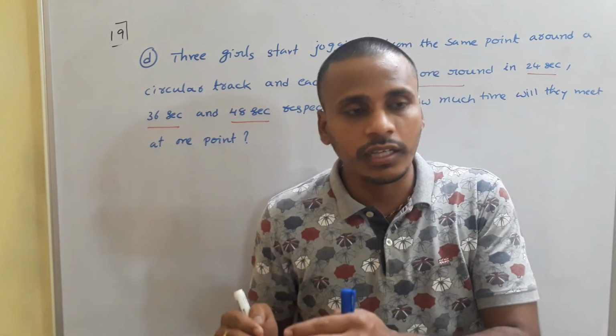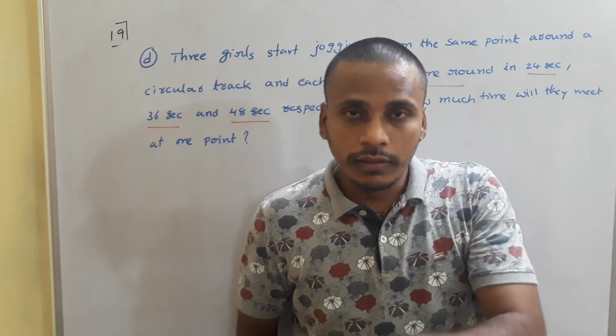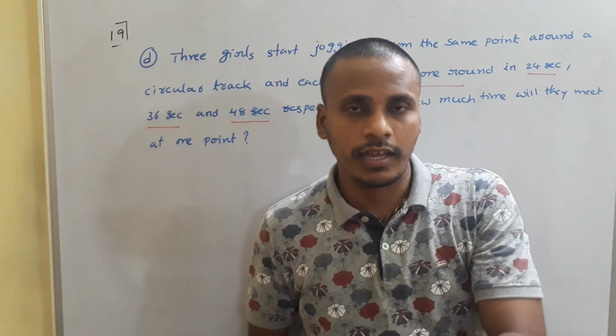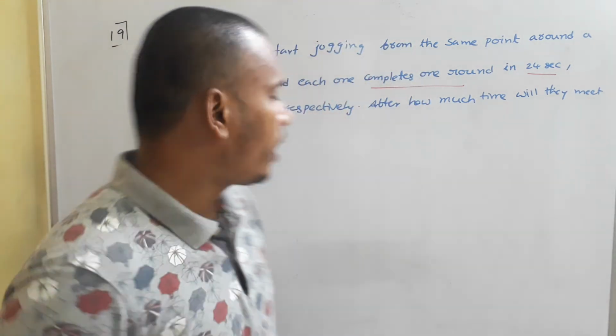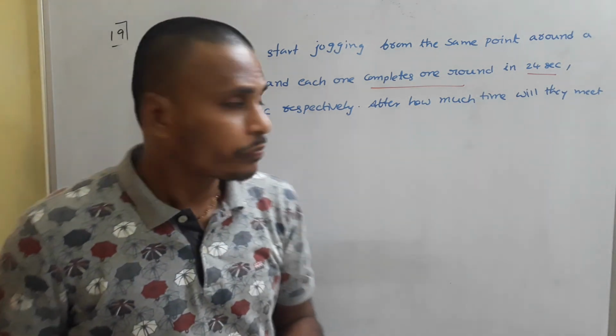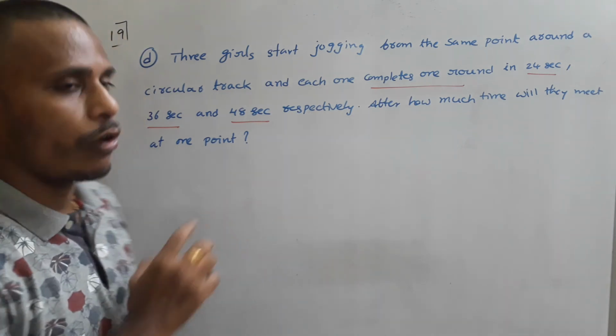Since the three girls start at the same point, the second girl will arrive at the same point after 72 seconds, after 108 seconds, like that, every multiple of 36 seconds. And the third girl needs the multiples of 48 seconds. The question is after how much time they will meet at one point.